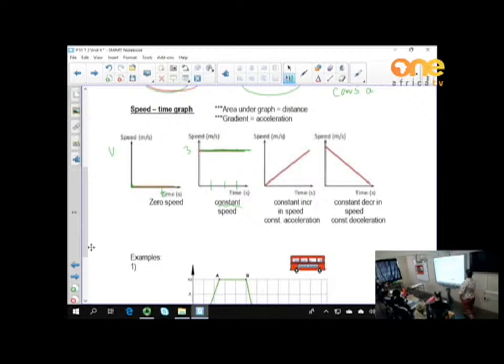Now, if you have a constant increase in speed, in other words constant acceleration: in the first second, you're going at 2 meters per second. In the second second, you're going 2 meters faster, 4 meters per second. In the next second, 6 meters per second, then 8 meters per second. Then your graph will look like that.